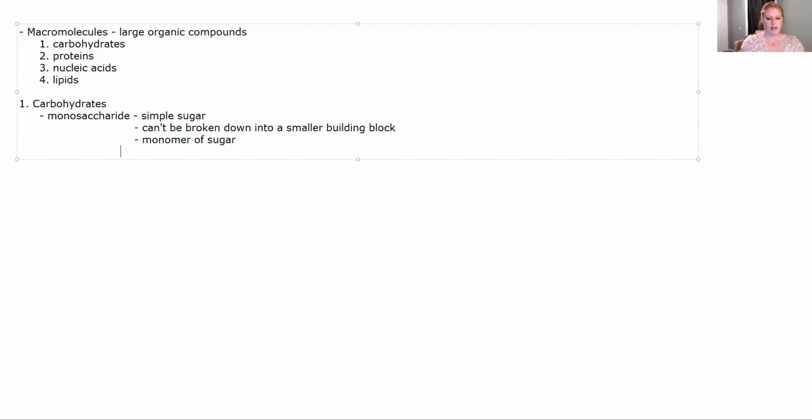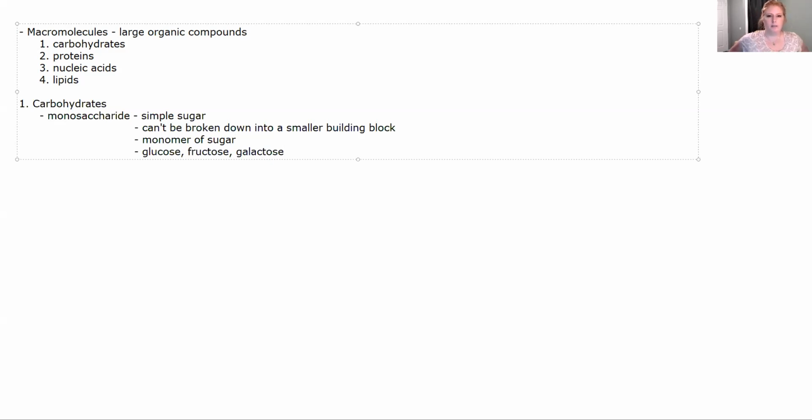Examples of monosaccharides. We have, where's my list? We've got glucose, fructose, lactose, okay? There are more. I won't go into all of them because we're just going to use these three, but there's a lot more.